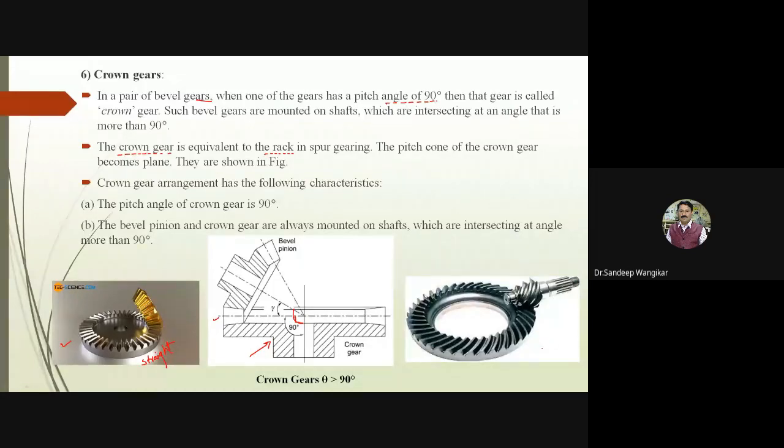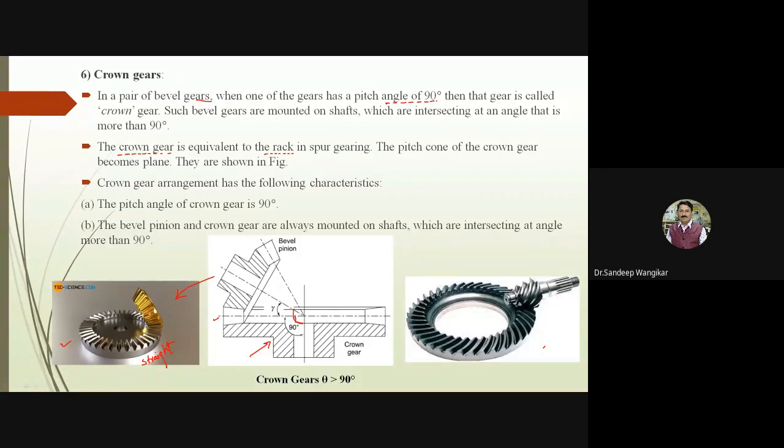If you refer to the diagram, it is identical, analogous to our main diagram of the crown. So if you say the basic, it is the crown, which is nothing but the rack as in the case of spur gear.